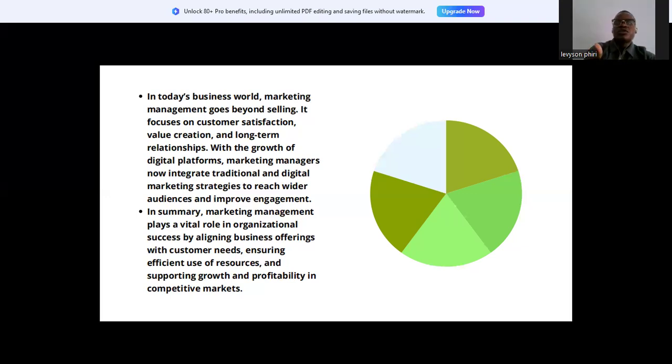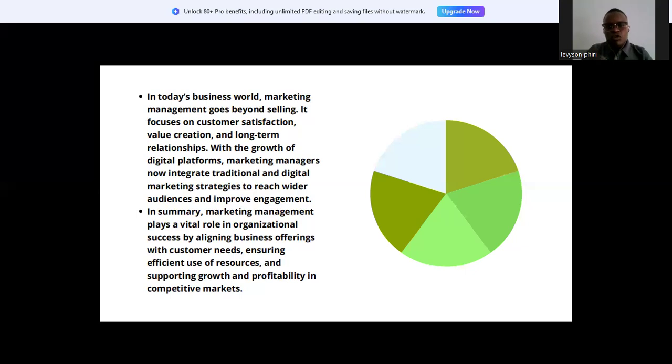That's what we mean when we say go beyond, okay? So that client won't go anywhere else, but will come back to you. Everything that client needs, they're supposed to find it in your store. That's what we say: marketing management goes beyond selling.